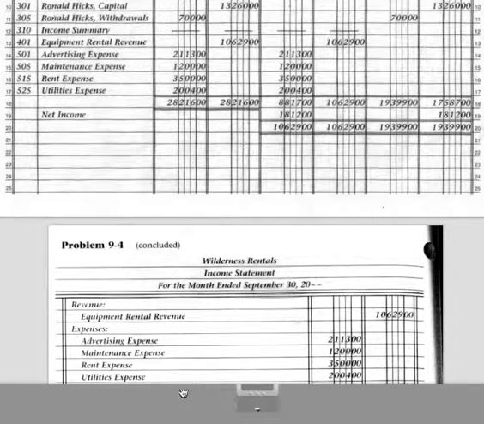Then, because we have multiple accounts, you're going to record their balances on the left side column. So when you only have one account to list under revenue or expenses, you would put that on the right column. When you have multiple accounts, you use the left column to record the balances. So go ahead and do that.